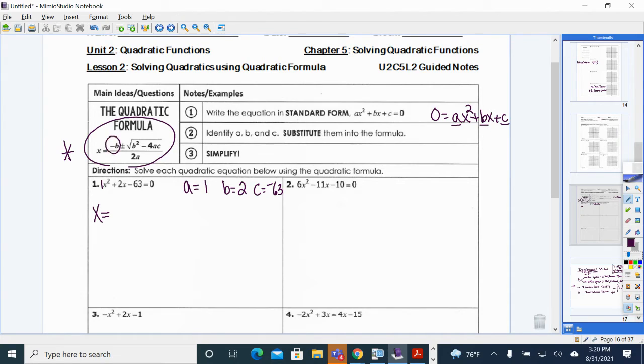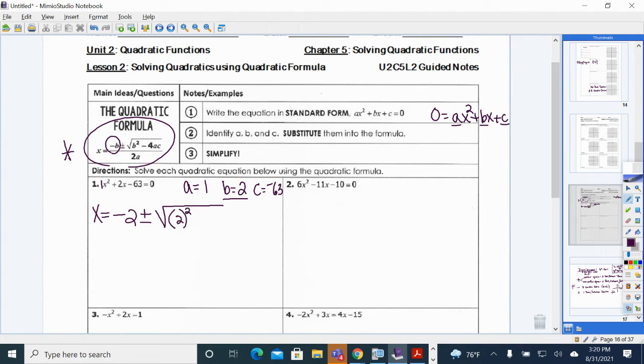So the little negative b that's out front, I like to say opposite b, because whatever the b is, which in this case is a 2, I'm going to make it the opposite. That's going to be a negative 2. The plus and the minus that's part of the formula gives us the 2 solutions in the end, which I'll explain here in just a second. So then we're going to substitute in the b, which is a 2.